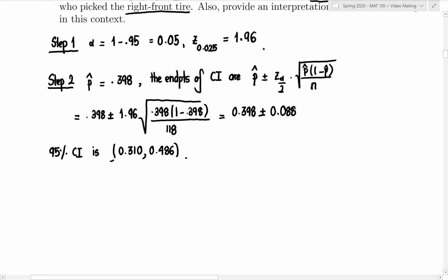All right, so this is what we call the interval notation, and what it means is this is an interval whose left endpoint is 0.310 and whose right endpoint is 0.486. So this interval here contains all numbers between these two numbers. So anything in this interval is greater than 0.310, but less than 0.486. Right? So this is a way of expressing an interval.